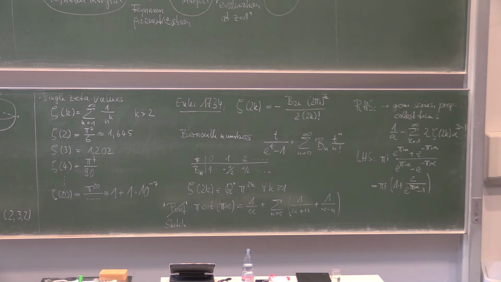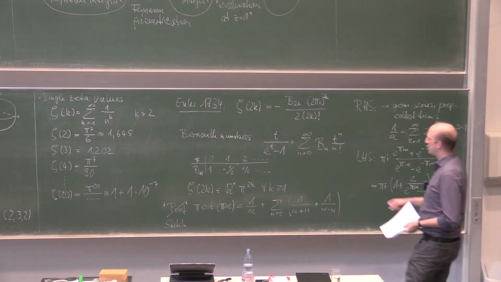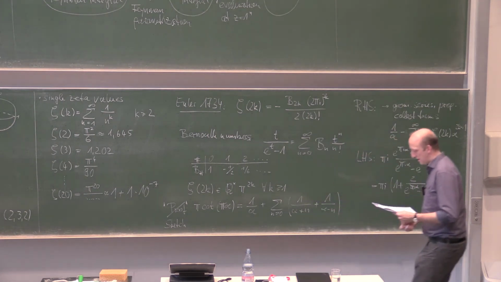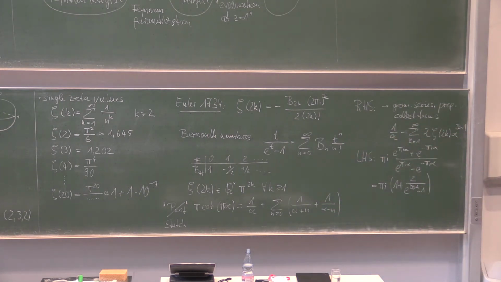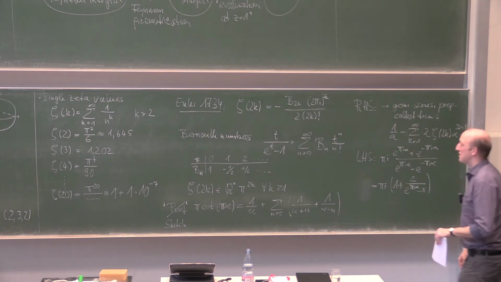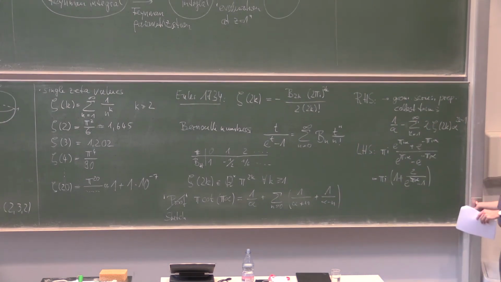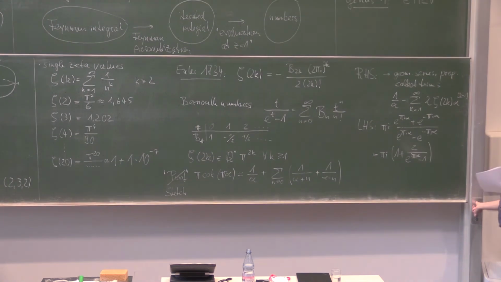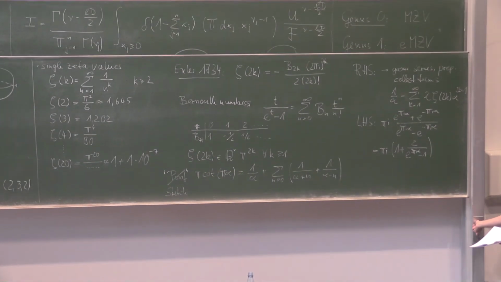And if you now take a series expansion of that expression, you will exactly end up with the right-hand side, using the definition of the Bernoulli numbers. So that's a very elementary thing, and I think that is the only proof I will actually write down in full detail here. I shouldn't say that, but it is one of the very few proofs I will write down in full detail.